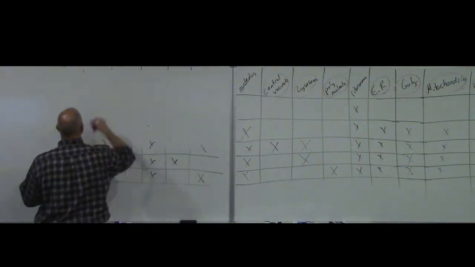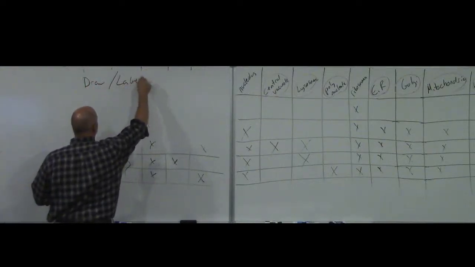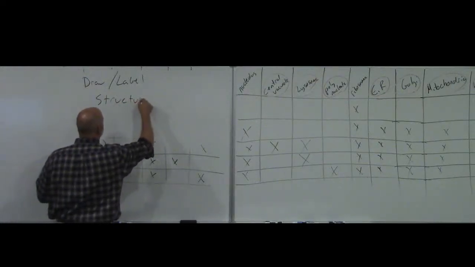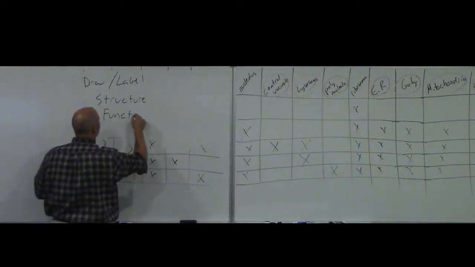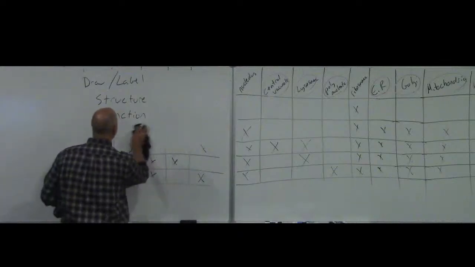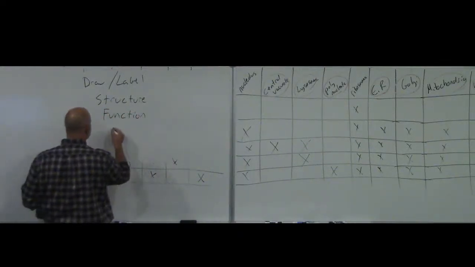Okay, so you must be able to draw and label. Okay, you've got to know its structure. What's it made out of? You've got to know its function. What does it do? You better know what kind of cell it's present in. What is it present in? Is it prokaryotic? Is it eukaryotic?